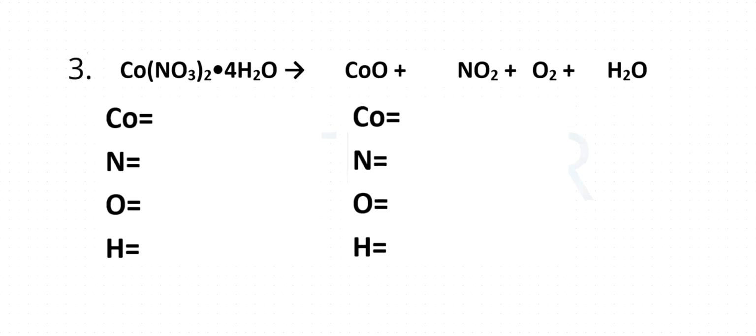So we look at the last example for today, and that's the composition of hydrated cobalt 2 nitrate. So this compound here is called hydrated cobalt 2 nitrate. Now, this 4 that we're seeing here represents 4 molecules of water of crystallization.